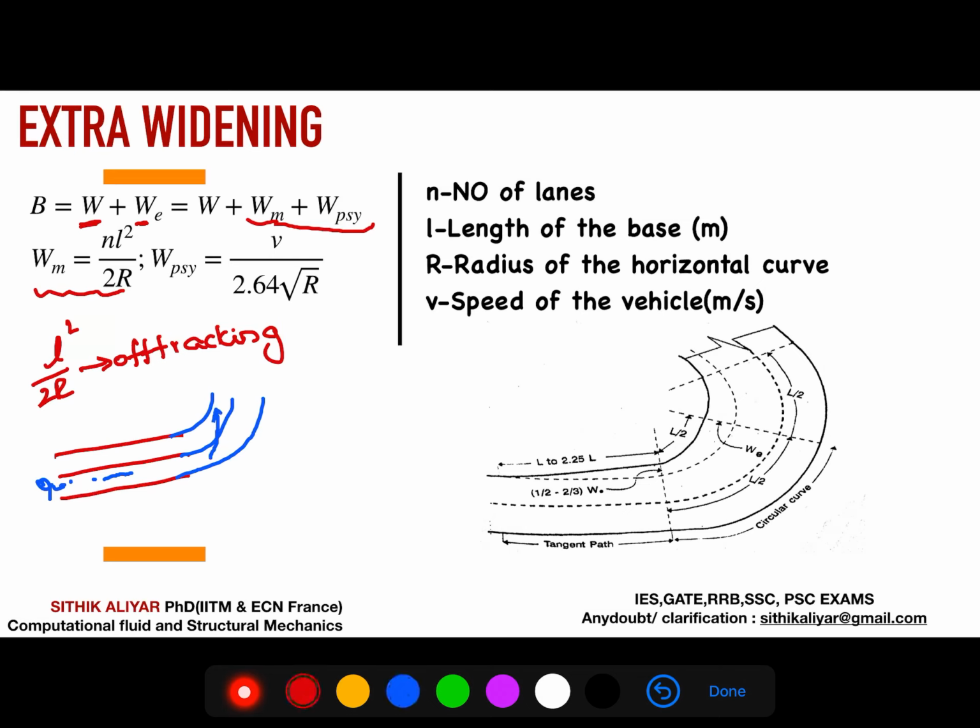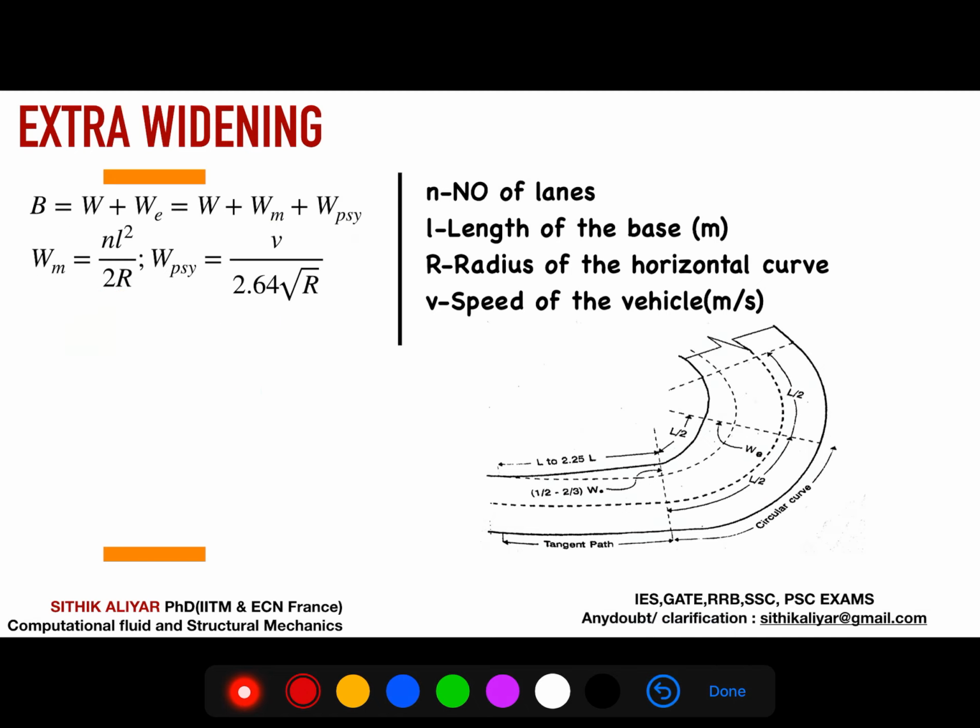Consider there is a vehicle: how much, when it is going to turn, is it going to use the other lane also? How much width of the road will it use from the other lane, so that it goes off track? That depends on the number of lanes also. So based on that, we have derived this formula, N L square by 2R.